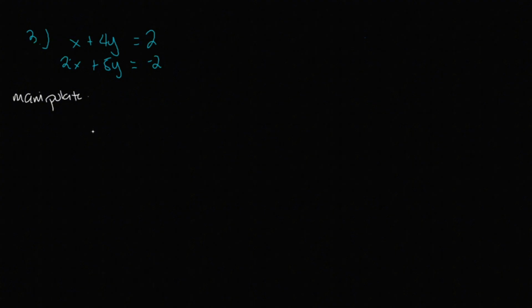Just for example, in variable y, as you can observe, the numerical coefficient is 4 and the other one is 5, and these are not divisible to each other. So later we can check on it.